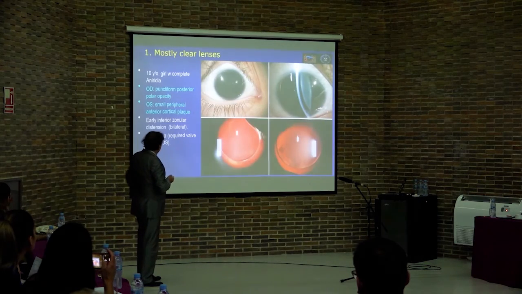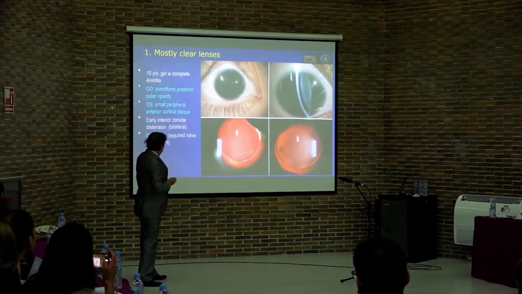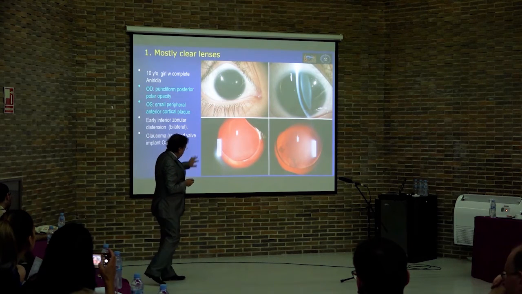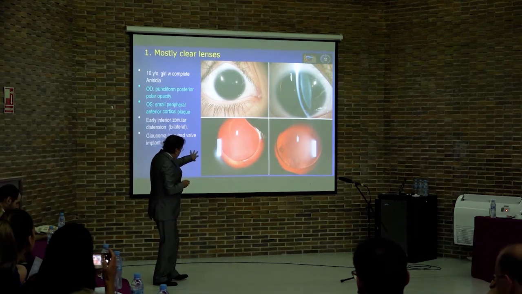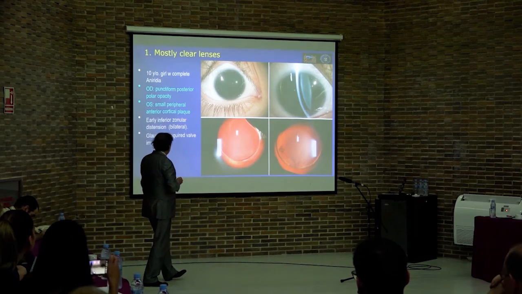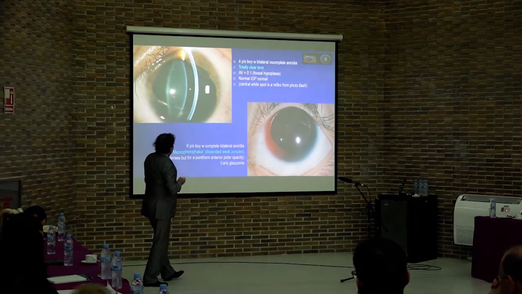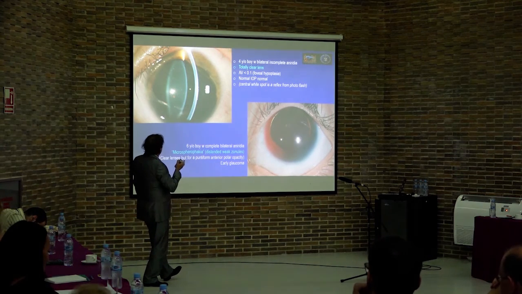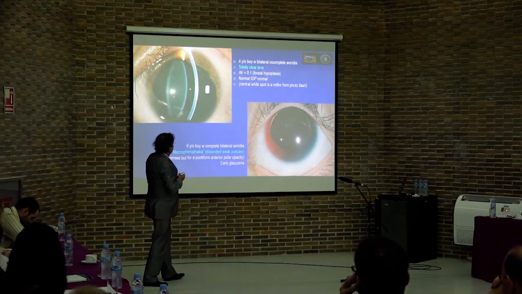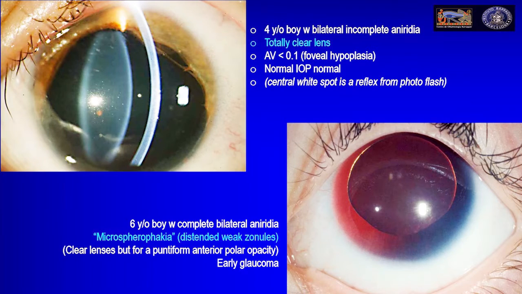This patient required a valve because she also had glaucoma, so there's discussion whether there's a correlation between displacement of the lens and glaucoma. This is another case with an apparently totally clear lens in a 4-year-old, but of course she has low vision because of foveal hypoplasia, in this case with normal pressure. Of course there are some artifacts here because of the flashes.